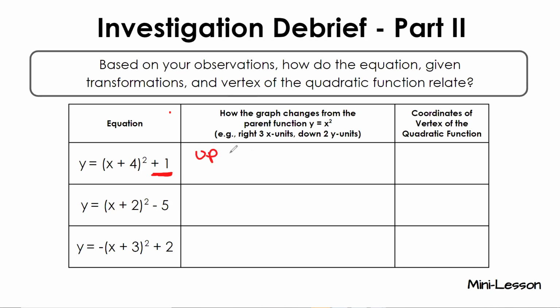This plus 4 inside means that I'm going to move left or right. So it's opposite, right? That's the one that we always get really tripped up on. So it's going to be left 4.